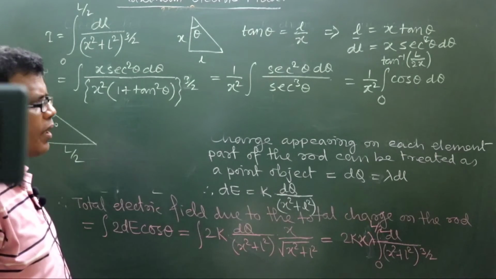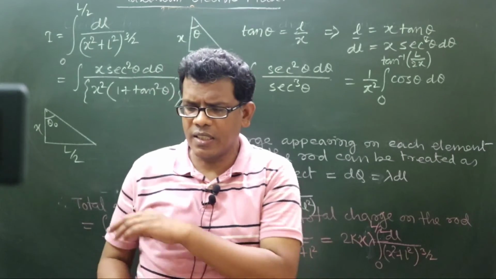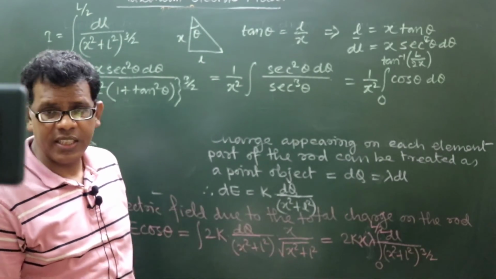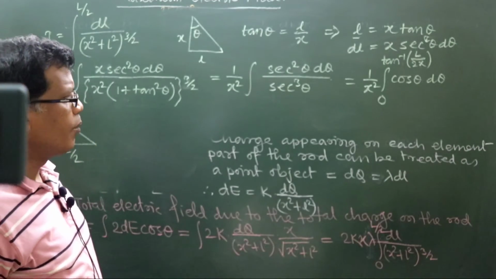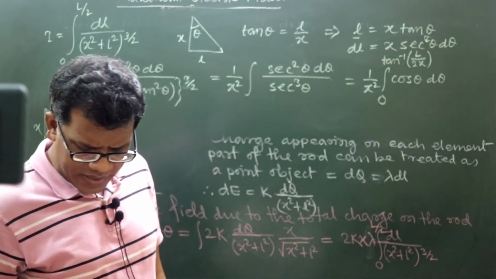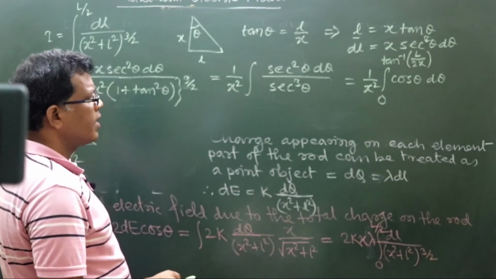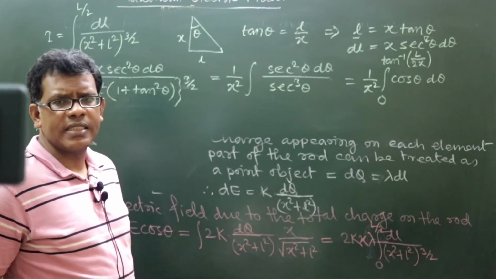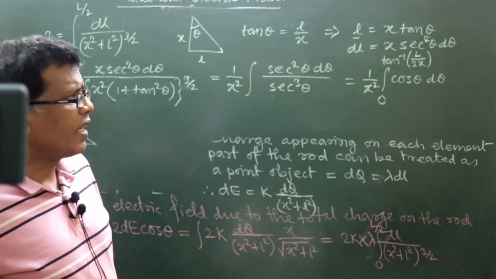So now you complete this integration and then put in that result. You know the integration of cos theta is how much? Sin theta. So then putting the upper limit value minus the lower limit value, you will get the answer, right? This is the mechanism, something like this. The result of cos will be sin, okay? So sin theta.